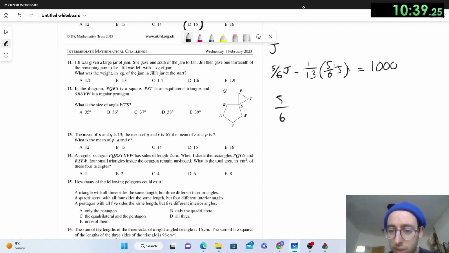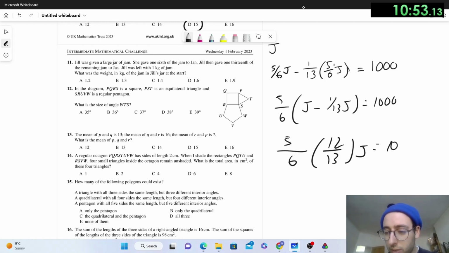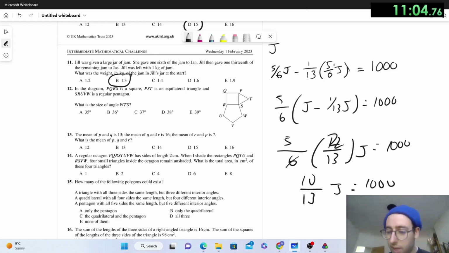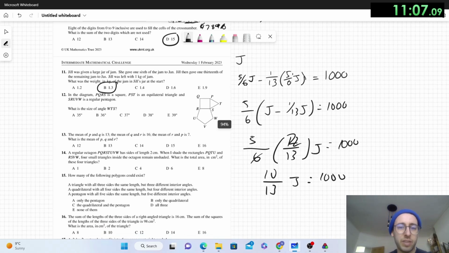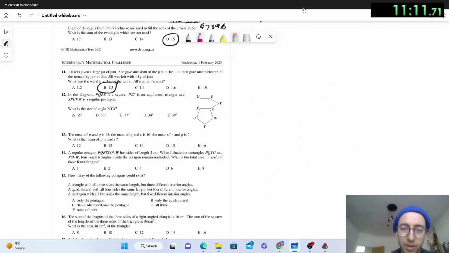So we've got 5/6 lots of J minus a 13th J equals 1,000. This is 12/13. So we've got 5/6 of 12/13 J equals 1,000. Okay, this feels better because these cancel. So we've got 10/13 J equals 1,000. Okay, there we go. We get 1,300, because we times it by 13 divided by 10. Ugh, that felt horrible as well. Not in a good rhythm at the moment. Okay.